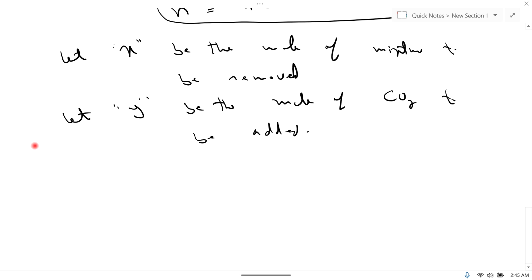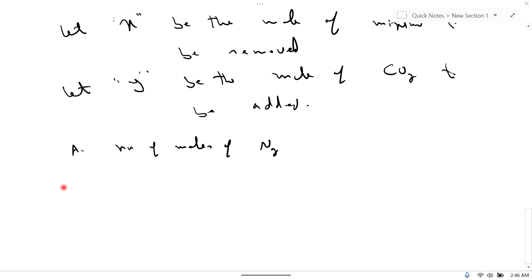So we know that the number of moles of nitrogen is equal to n by 2.